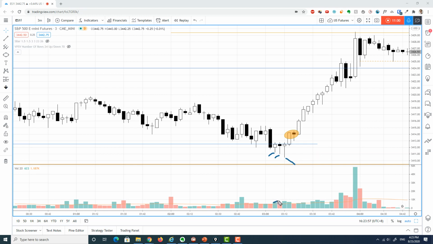The volume has been increasing, but look at the result to the downside. What we get is actually the demand tail and a close near the high. So definitely there's presence of demand in these three bars, and subsequently this bullish bar just closed above the supporting level 3412 and acted as a reversal bar as a confirmation.